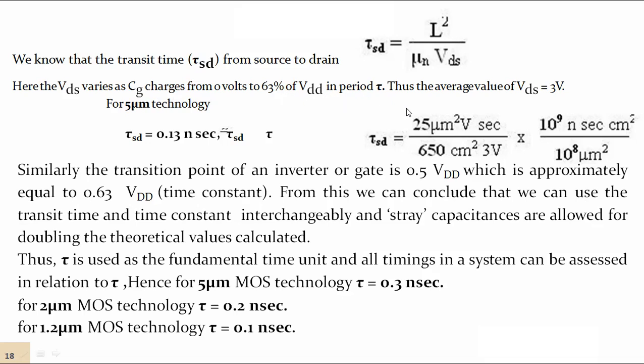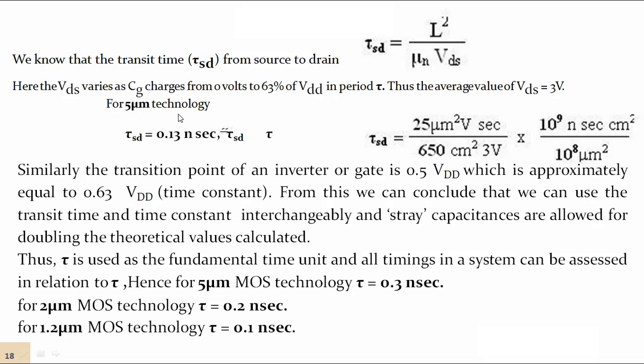Thus the average value of VDS is 63% of VDD, that is 5 into 0.63, which is equal to 3 volts.